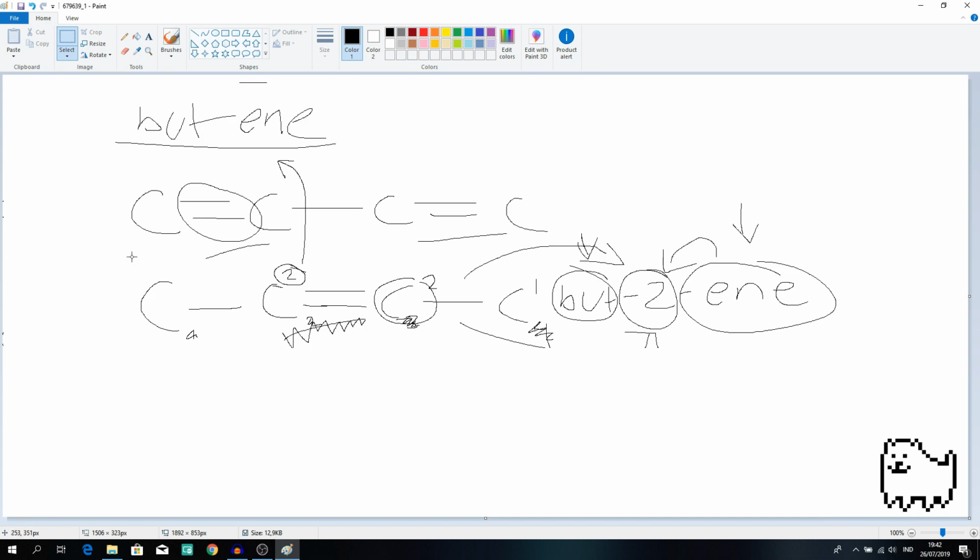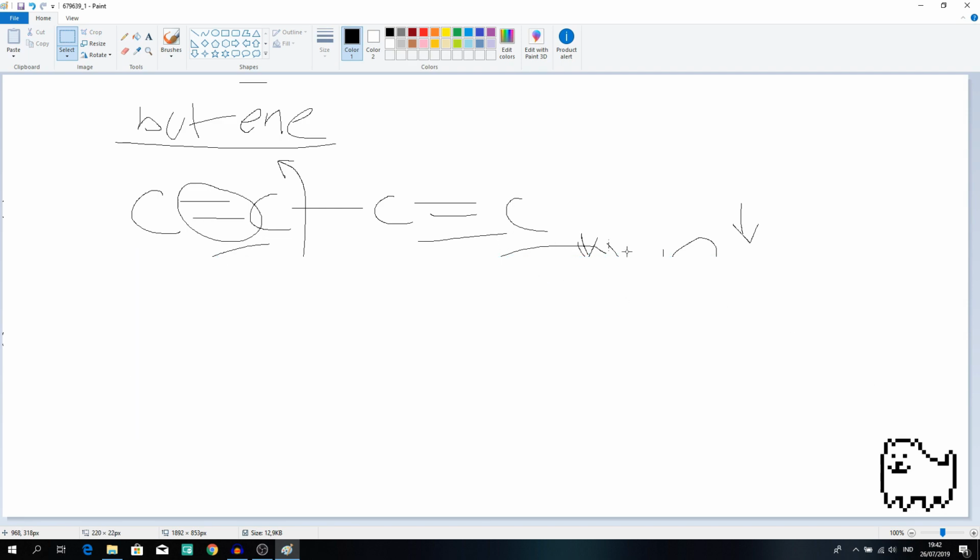So we talked about the positioning already, and I guess I'll show another example just to help. So what if we have something like this?